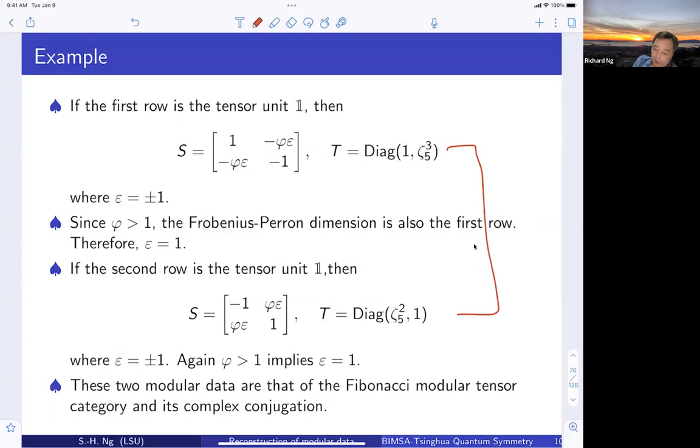They are indeed Galois conjugates. One is the complex conjugation of the other. They don't look like that this way because they differ by a permutation. Because this one starts with the second row, you just have to permute the first and second row. Then you see that the first one and the second one differ by a complex conjugation.